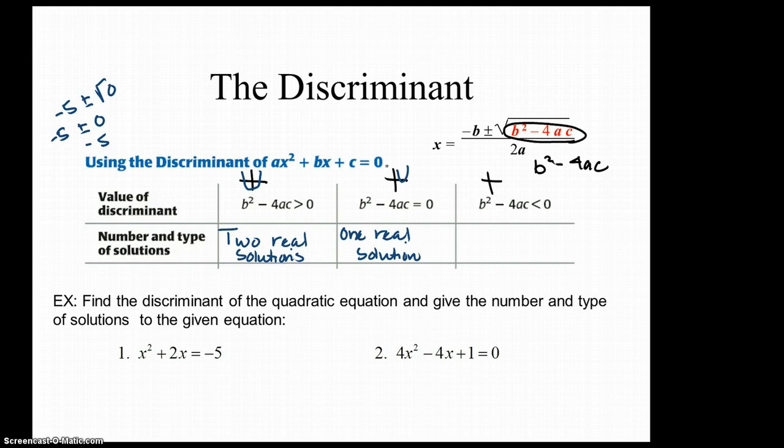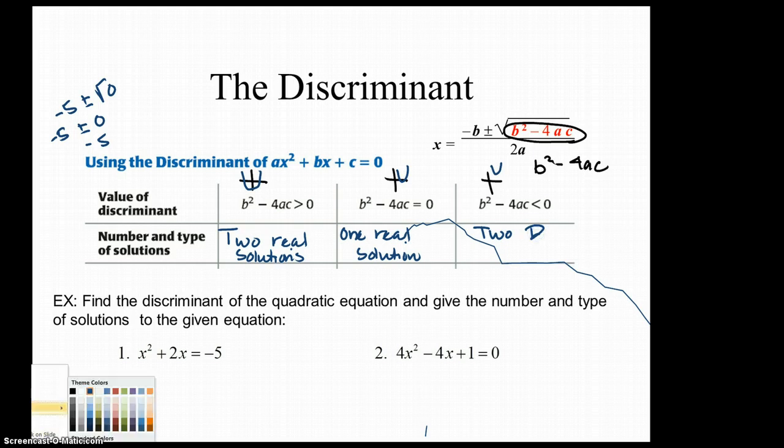So what would be left? Well, it can touch 2 times, it can touch 1 time, or it could touch not at all. And if that happens, old school would have been for you to say, oh, no solution, this doesn't happen. True, it doesn't happen to where we can see it, but now that we are stepping up our game, we would just say 2 imaginary solutions.